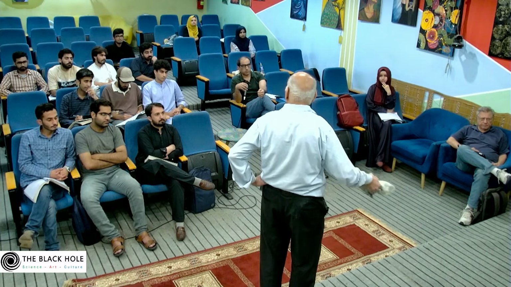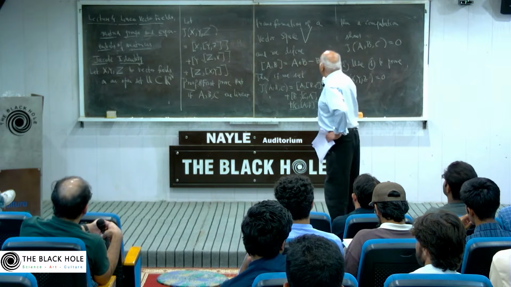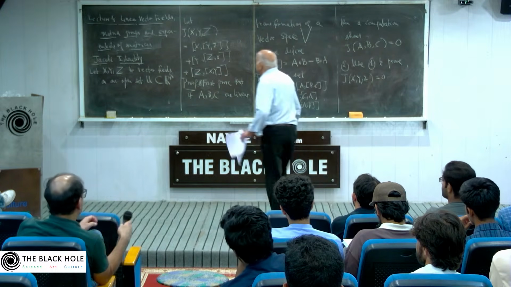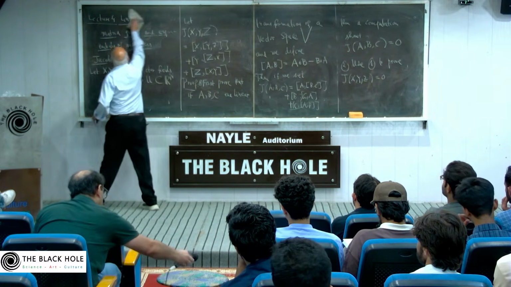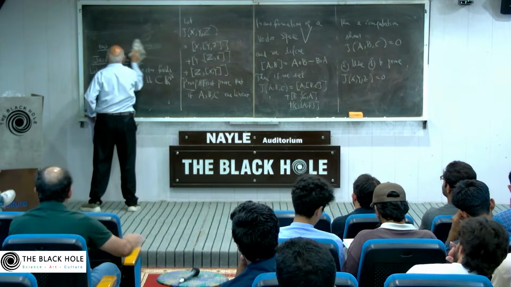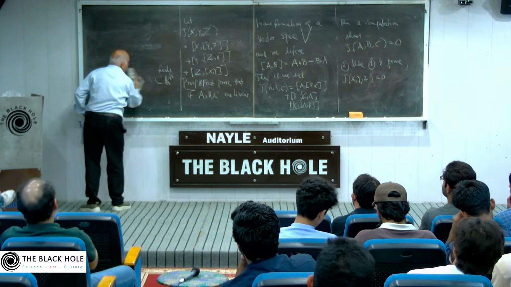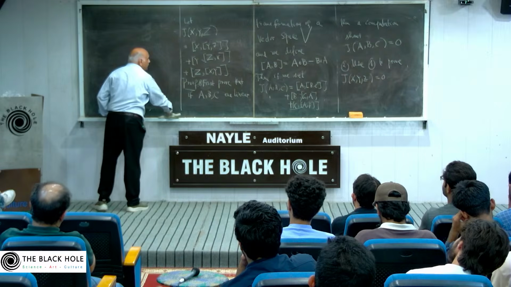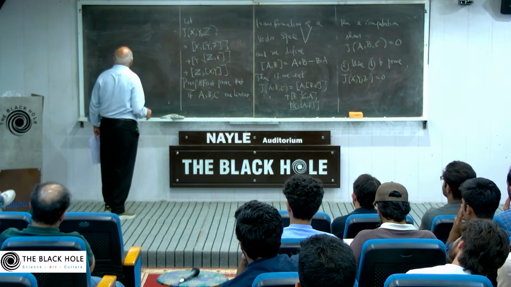Once you have done it, now I have to come up with a vector space. So let these fields be defined on some open set U of Rn.